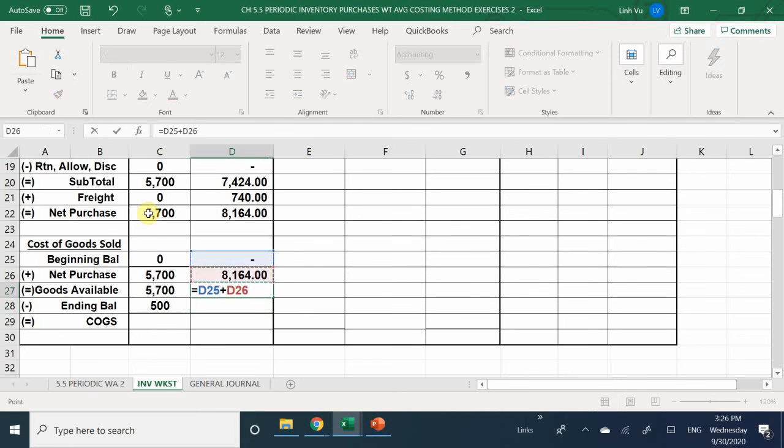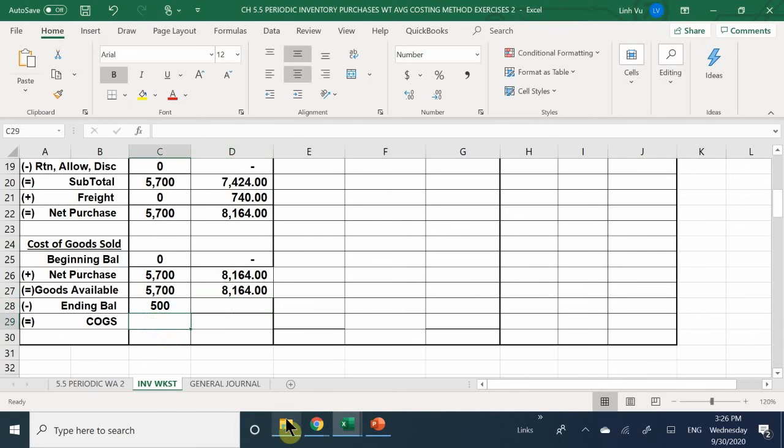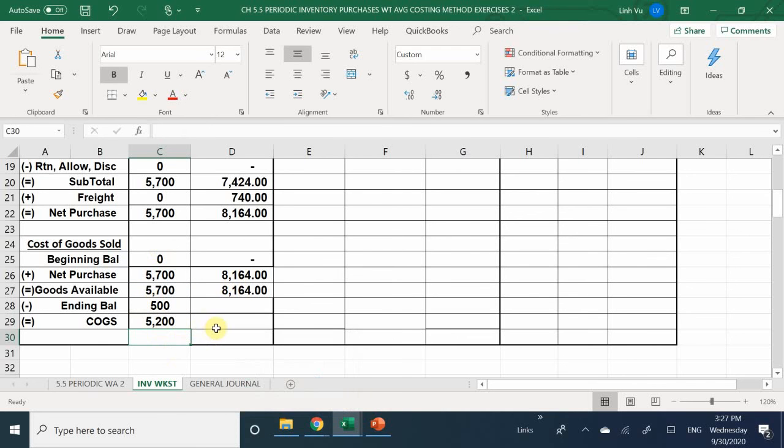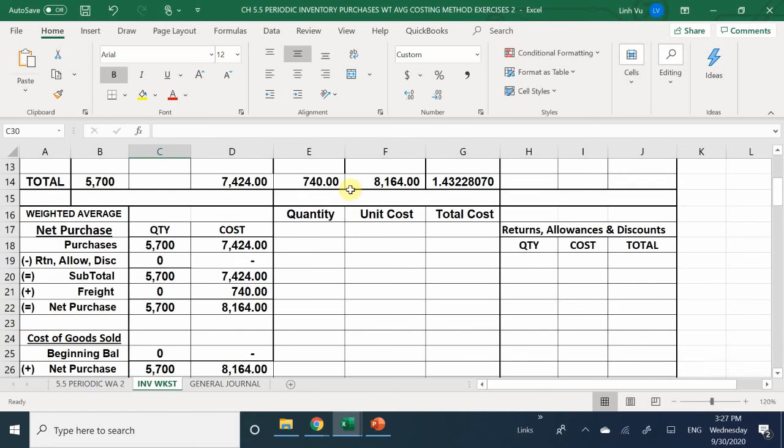All right, so what's my cost of goods sold for the quantity? $5,200. So we sold 5,200 items, okay? Now let's bring it up to our little area.